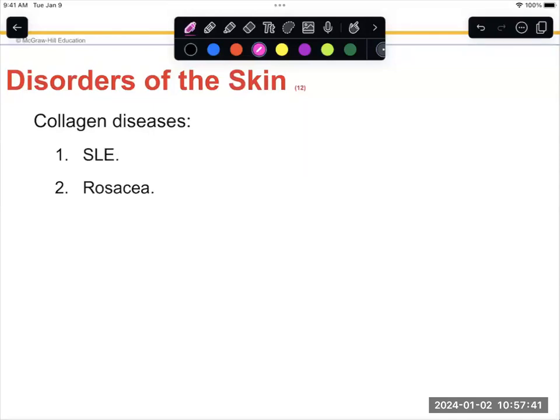So systemic lupus erythematosus is an autoimmune condition, and it occurs in women more than it occurs in men.